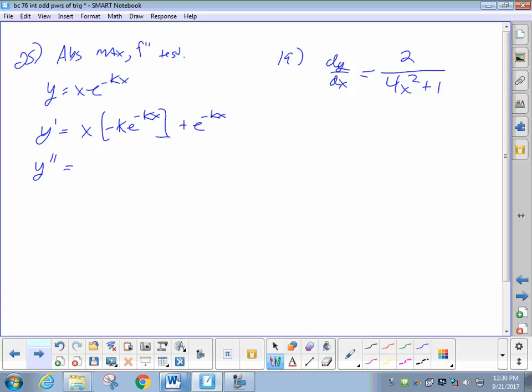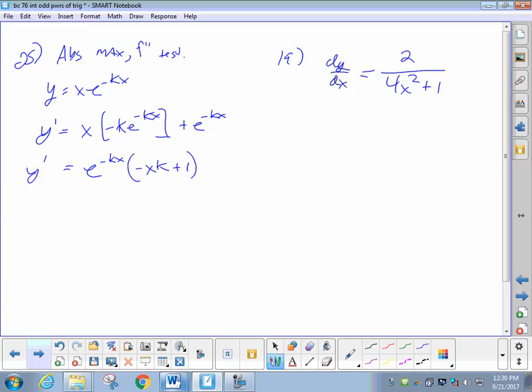This is what I mean. Don't take the derivative here. Take out an e to the negative kx and call it negative xk plus 1 before you take your next derivative. That's actually still the first derivative, sorry. It's going to get ugly. You're going to go from 2 terms to 3 terms to 4 terms.